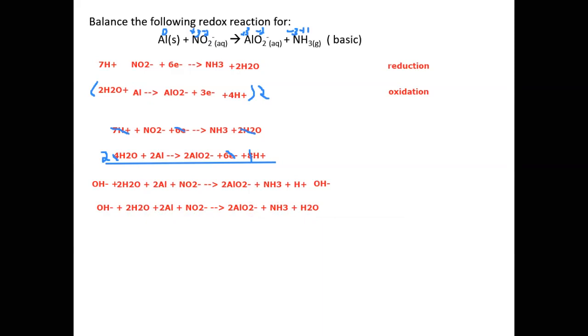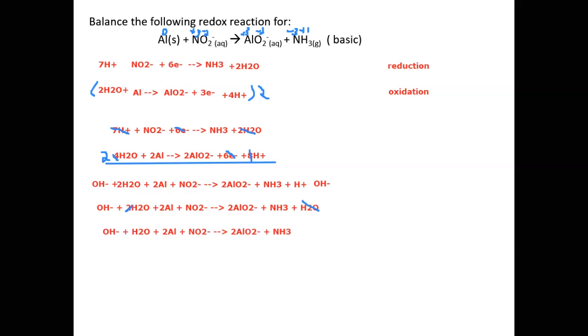Now, this H2O will cancel out with one of those H2Os. And now you get OH minus plus H2O plus 2Al plus NO2 minus to AlO2 minus plus NH3.